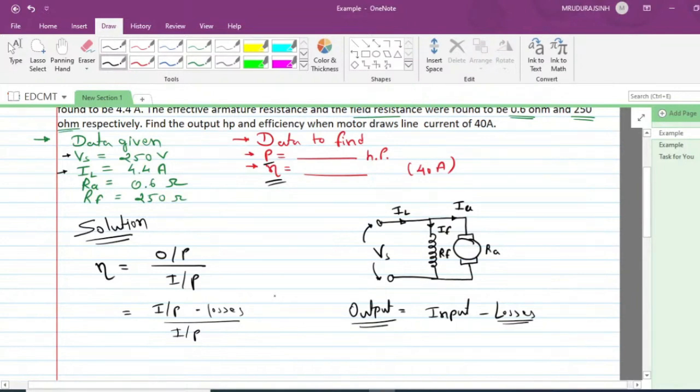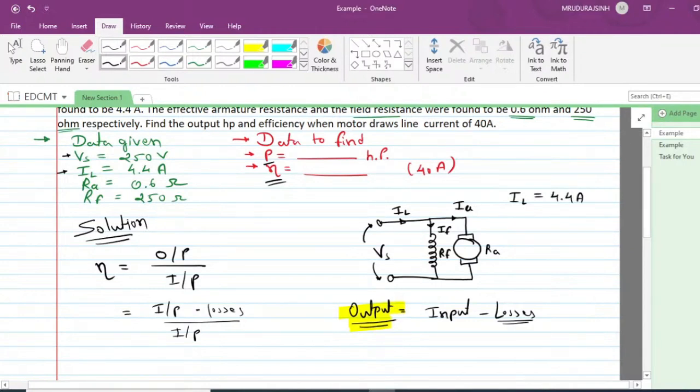So first of all, let's go to calculate the output. Now to calculate the output, what do we require? We require to know all these three currents. This is the first condition. In the first condition, IL is equal to 4.4 ampere.